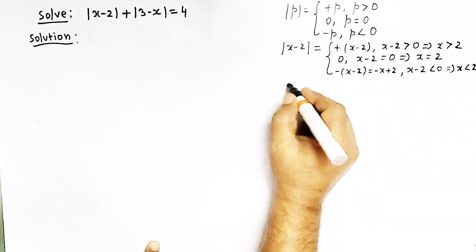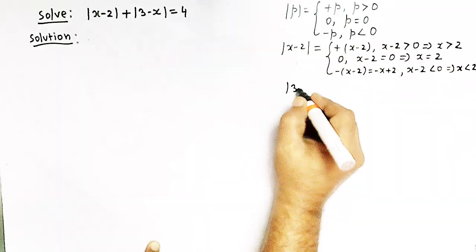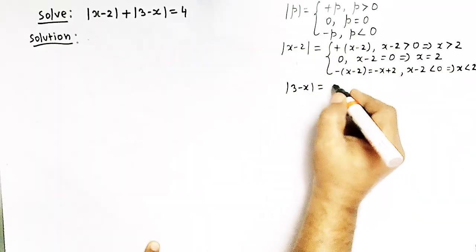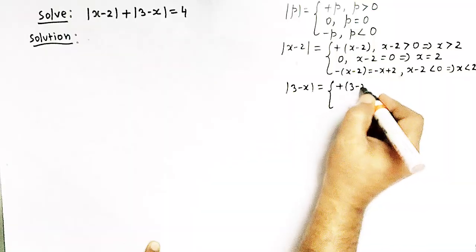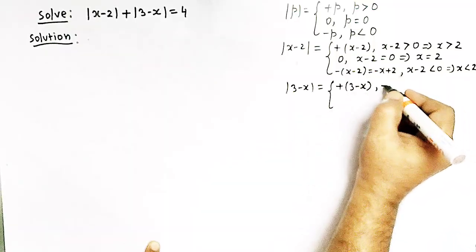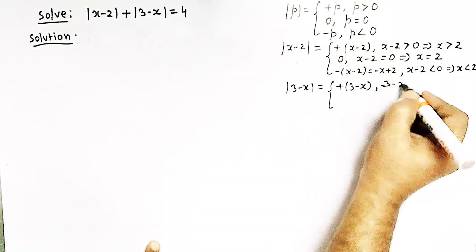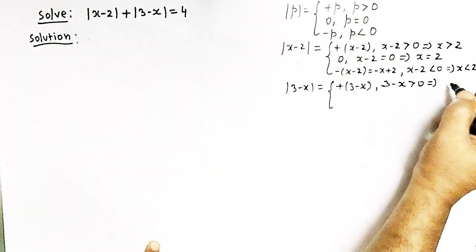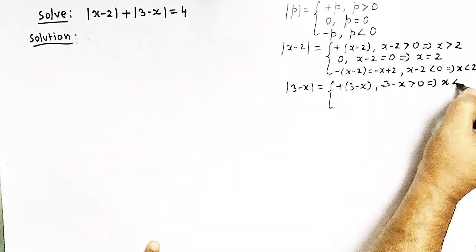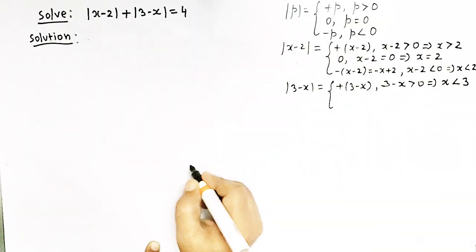Similarly, we can define mod of 3 minus x. Mod of 3 minus x is positive 3 minus x whenever 3 minus x is greater than 0, which implies x is less than 3.